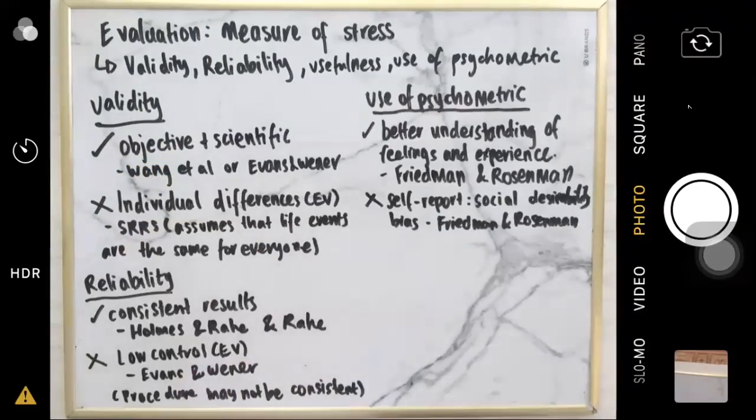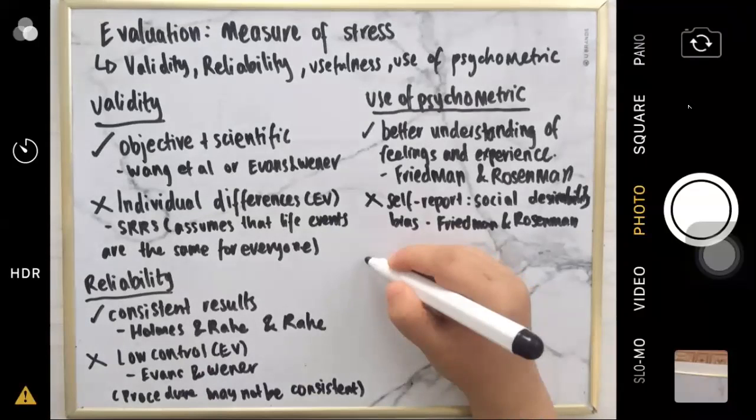Obviously you don't want people to know that you're not doing anything, that you are slow or not active. So there's a high chance of social desirability bias, where you lie because you are afraid of judgment.